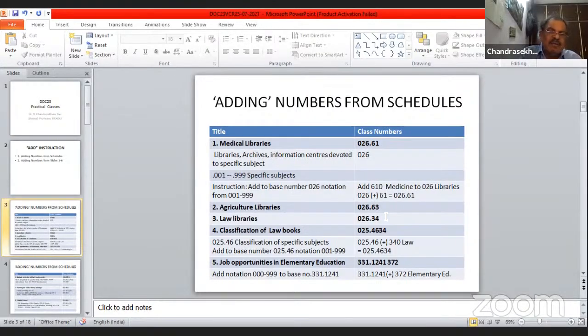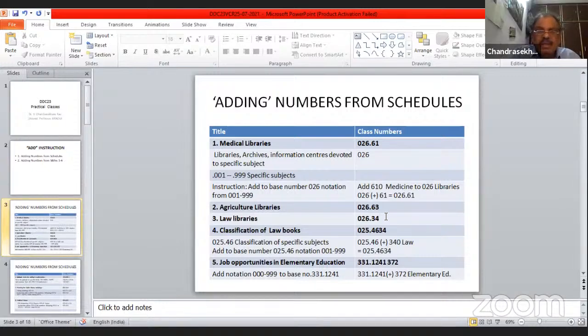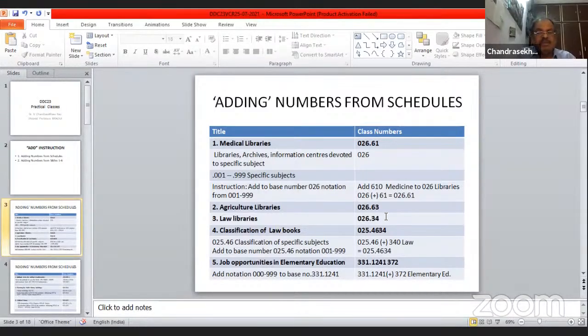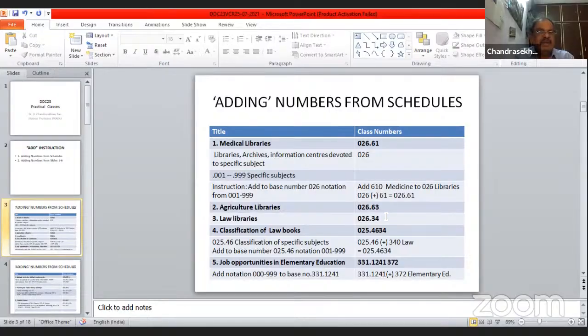Sir, medical library is 025.4661. Medical libraries, classification of medical books. So 025.46, then 610. 610 is not there, so 61. Like that, you can also do classification of agriculture books.